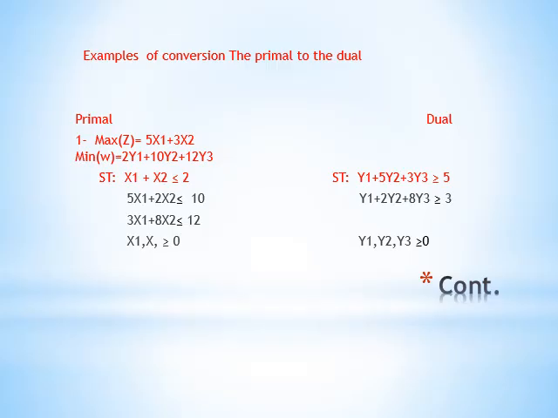The second column contains x2: 1x2, 2x2 and 8x2.